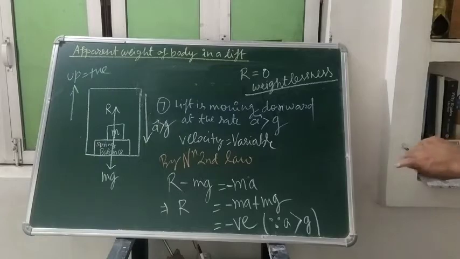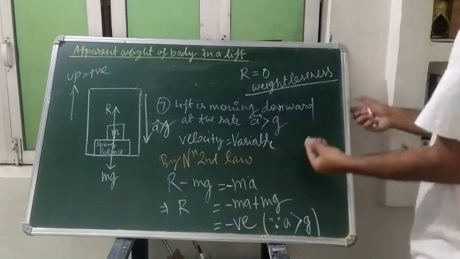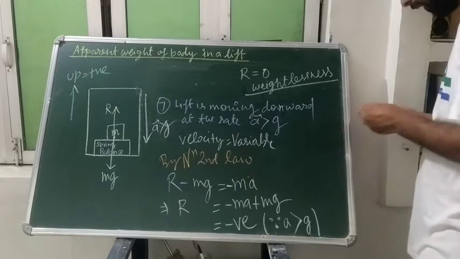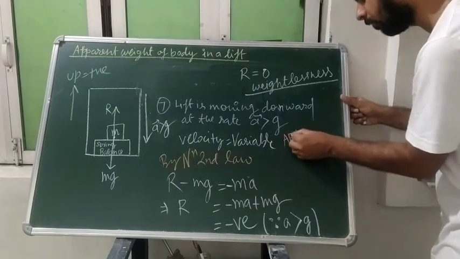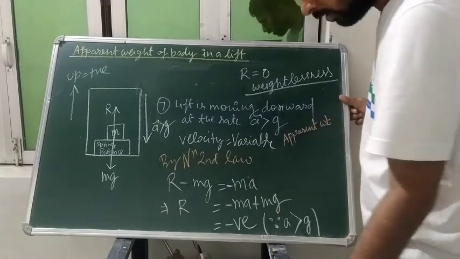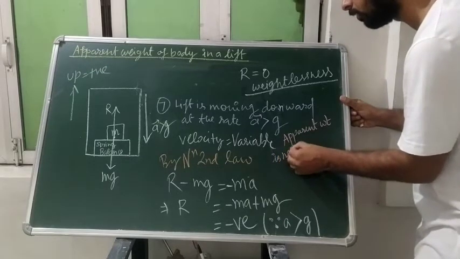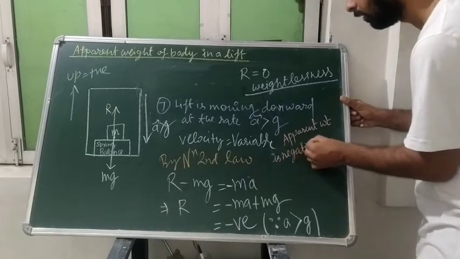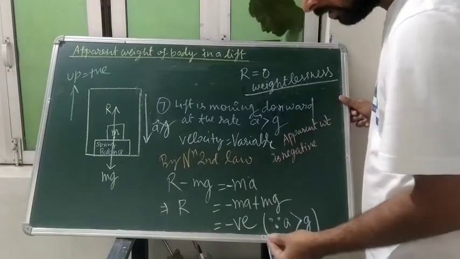Since a is more than g now, you will get negative reaction, which means the apparent weight is negative. Reaction is apparent weight only. Apparent reaction due to the contact surface will be called our apparent weight.